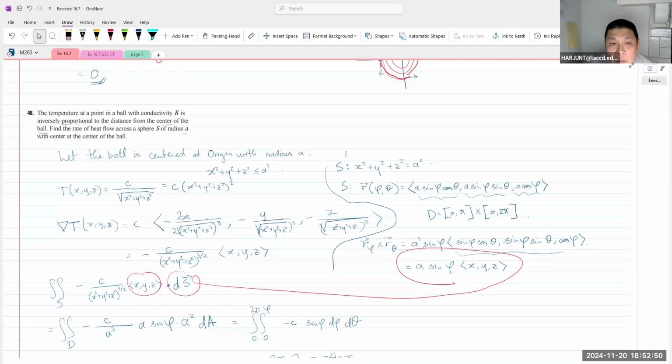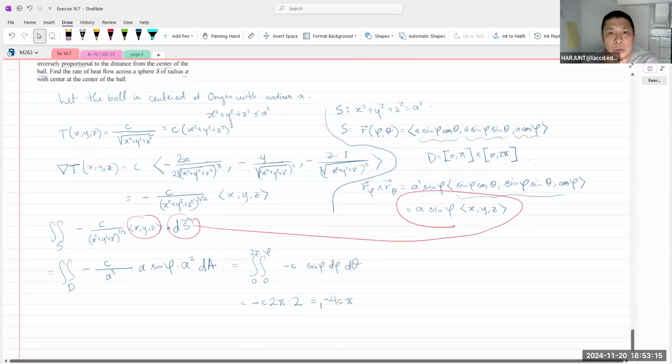I wonder if my negative is supposed to be there. But I think so, huh? I think it's supposed to be negative because the further you are from the center, the lower the temperature, right?